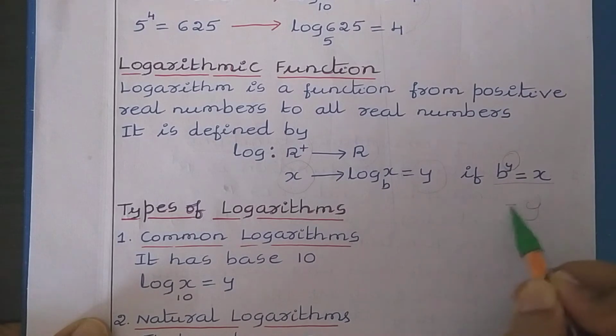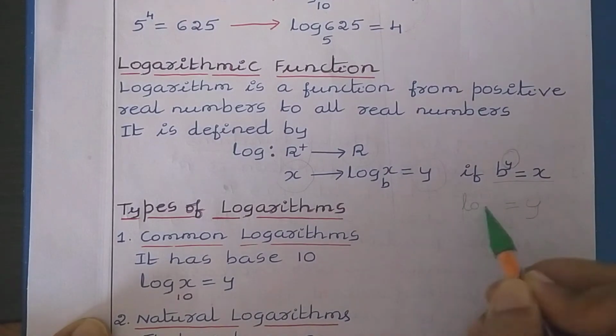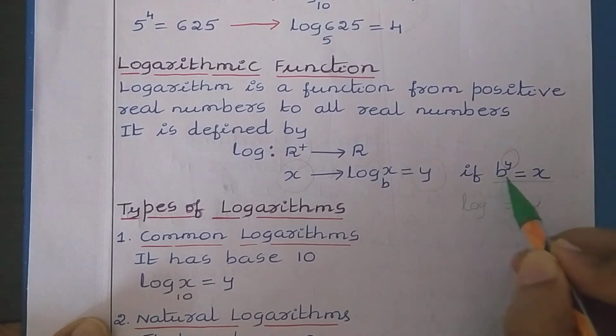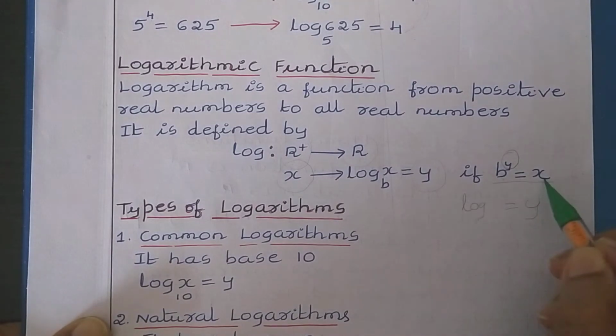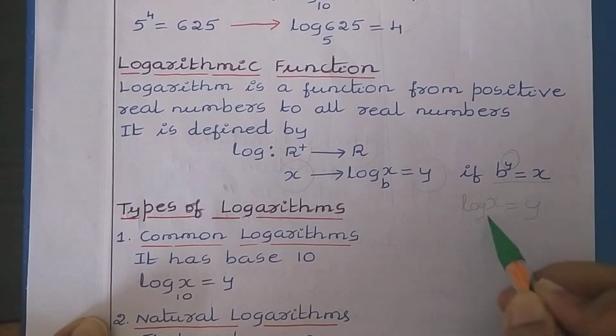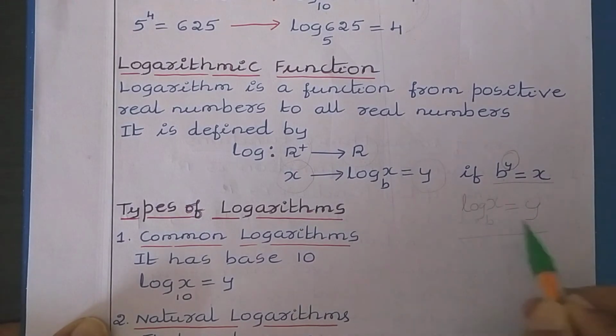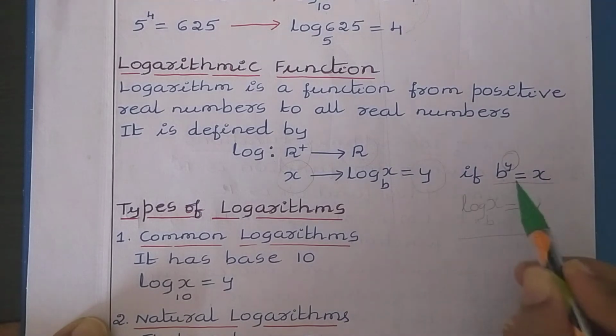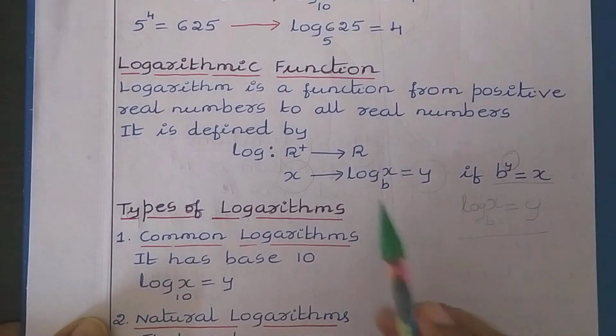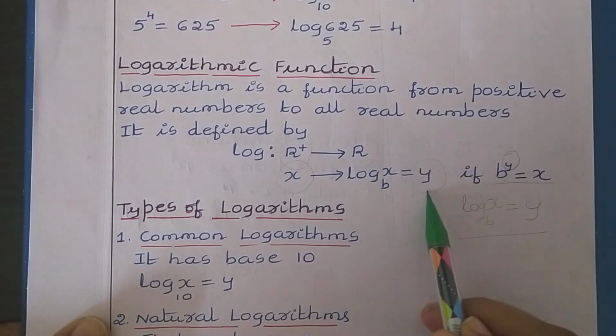So write that, then log followed by this value, and then this value you have to write. So here the answer is log x to base b is equal to y. Like this way, the same value you can represent. So you can see here log x base b is equal to y.